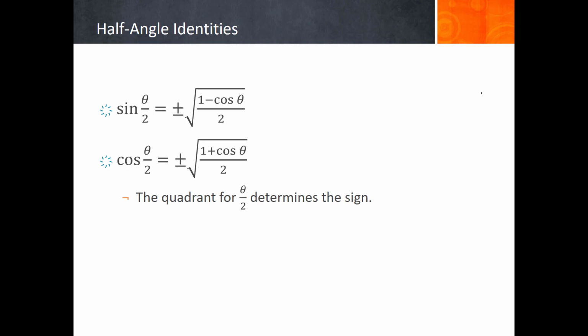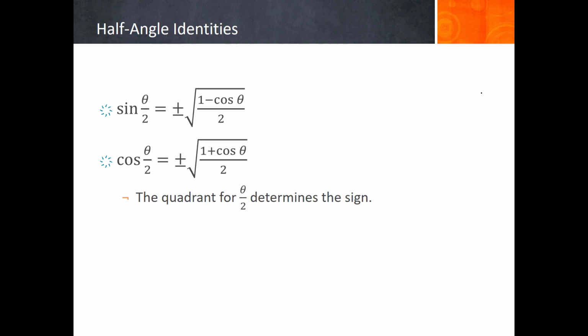So the sine of half of theta, or theta over 2, is equal to plus or minus the square root of the quantity 1 minus cosine of theta all over 2. And then for cosine, cosine of theta over 2 is equal to plus or minus the square root of the quantity 1 plus cosine of theta over 2. So the only difference is the 1 minus cosine for sine and 1 plus cosine for cosine.